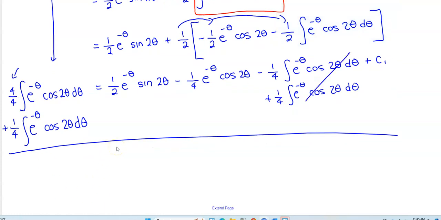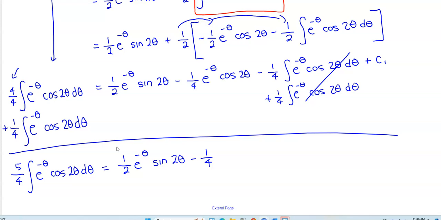We can see that that goes away, and then when we add, we get 4 over 4 plus 1 over 4, which is 5/4, times the integral of e to the negative theta cosine 2 theta d theta. And that's going to equal 1/2 e to the negative theta times the sine of 2 theta minus 1/4 times e to the negative theta times the cosine of 2 theta plus 0 plus c1.